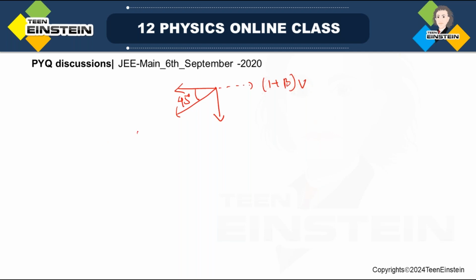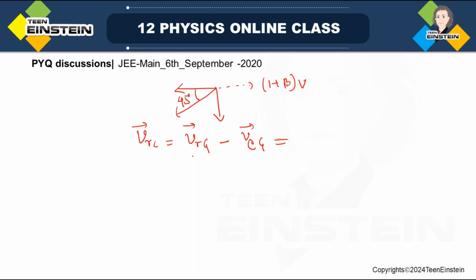Here also the velocity of rain with respect to car is rain with respect to ground minus car with respect to ground.